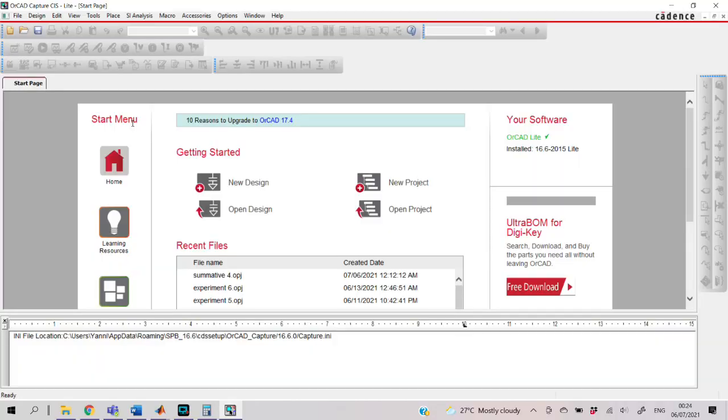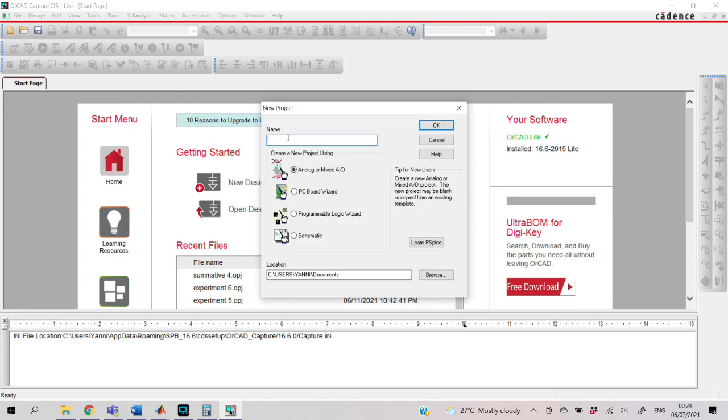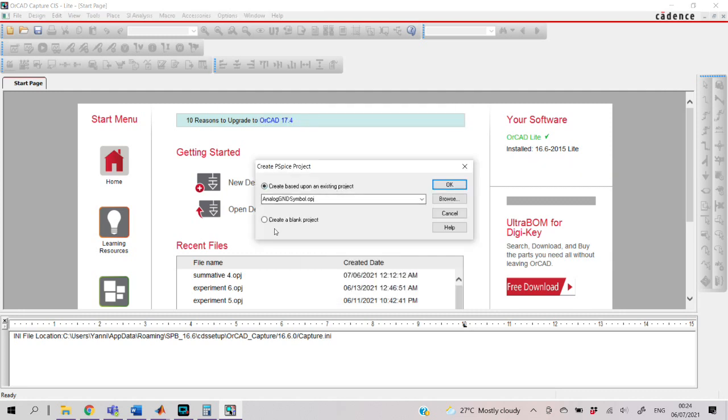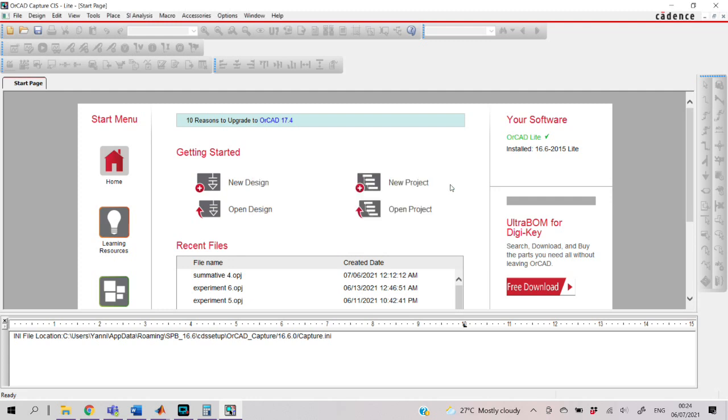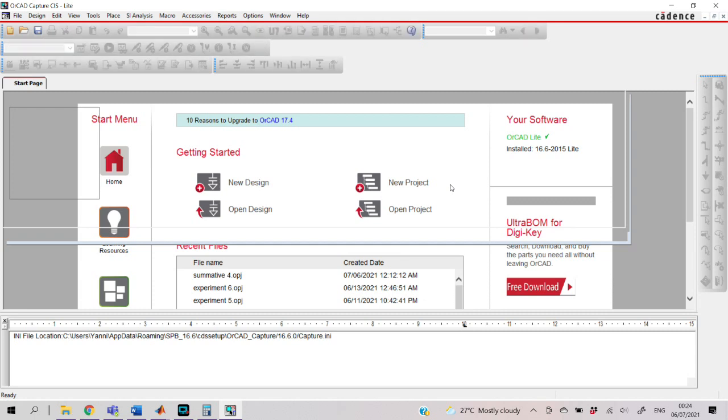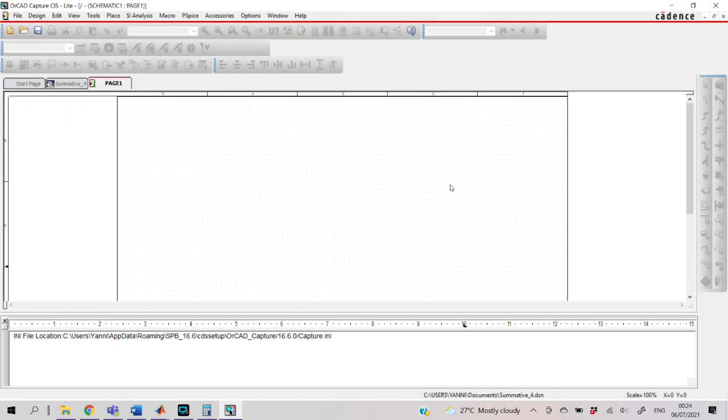We are going to create a new project. We will name it summative 4. Then click OK and select Create Blank Project. As you can see, there is a new canvas in which we can create our circuit.